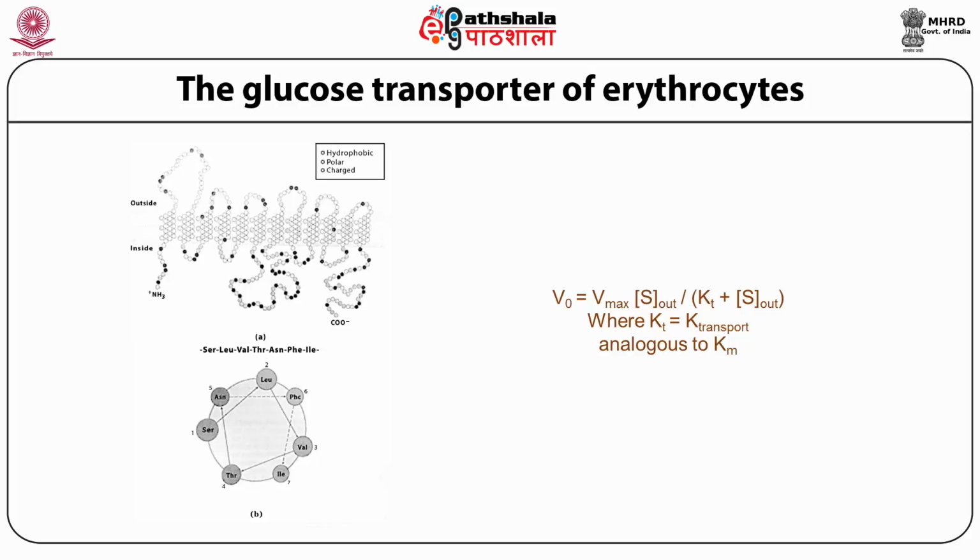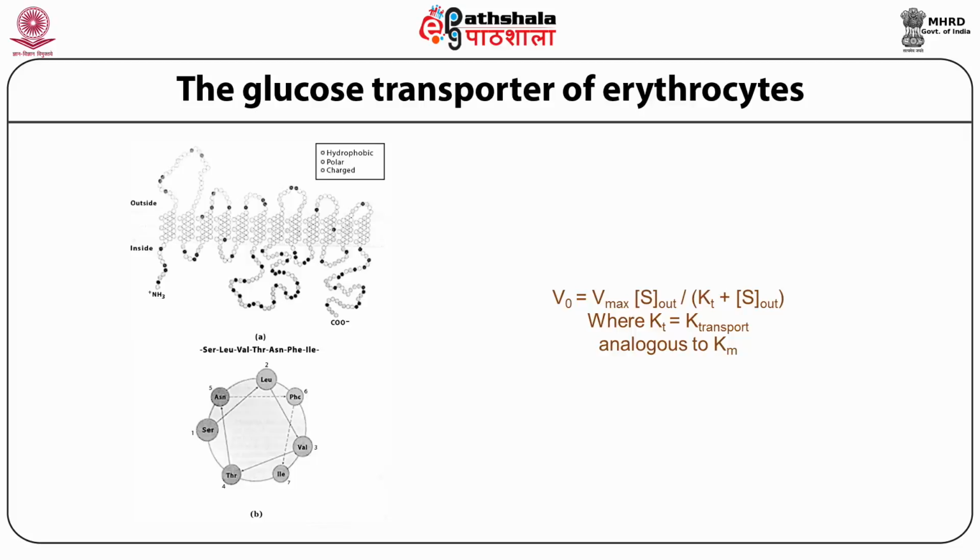Glucose transport via GLUT1 follows Michaelis-Menten kinetics, with the rate of entry having a saturation kinetics at high glucose concentration. Given the blood plasma concentration, GLUT1 operates at Vmax most of the times.